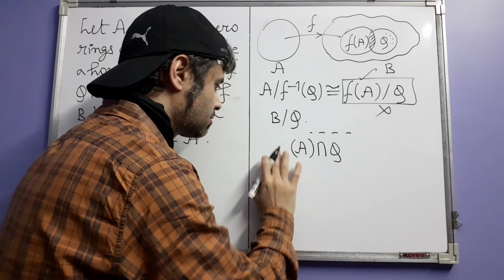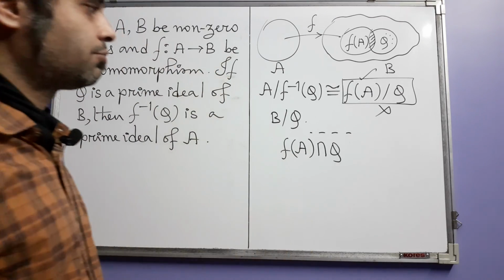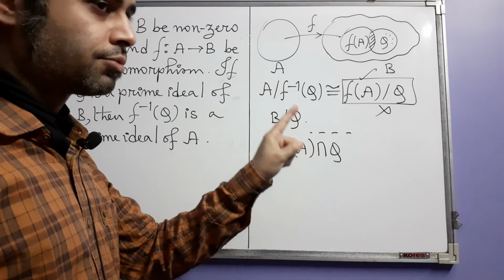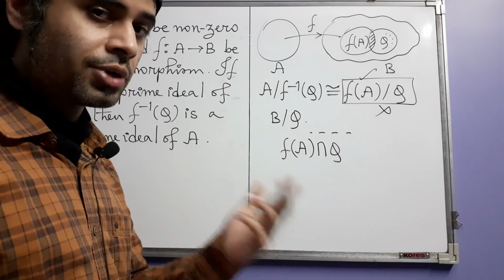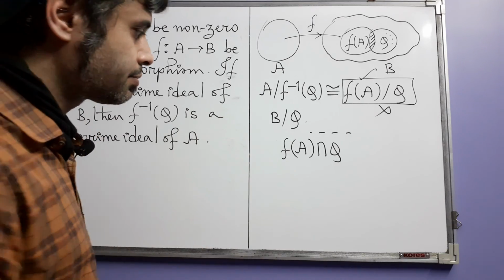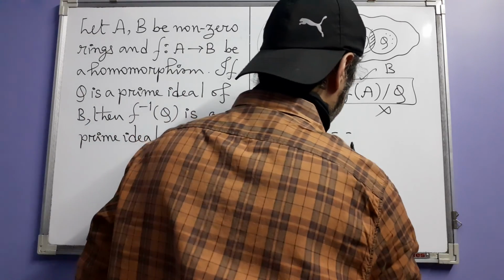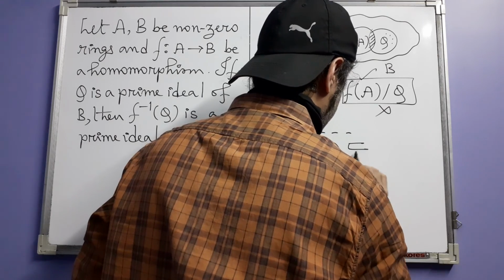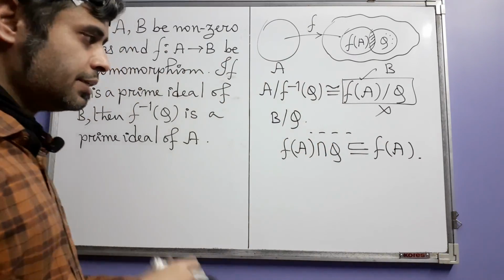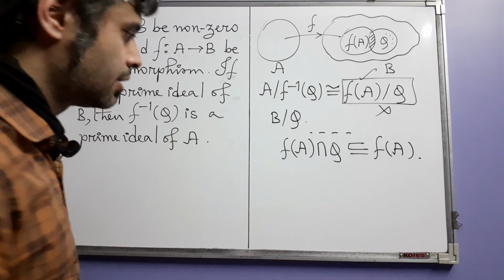Not F inverse, but F of A intersection Q. This is an ideal of F of A and in fact is a prime ideal. Let's first see why. Well, one thing is immediately clear, that this is indeed a subset of F of A. Is it non-empty? Yes, it is non-empty.